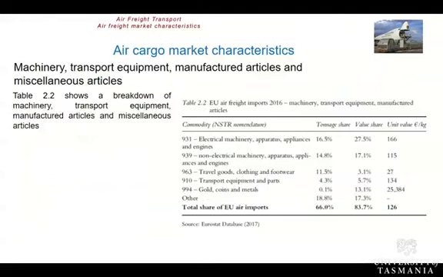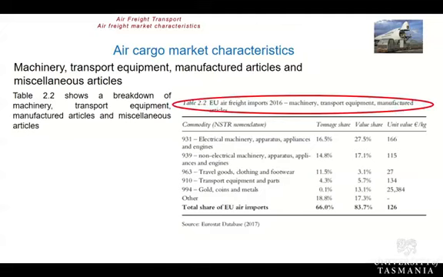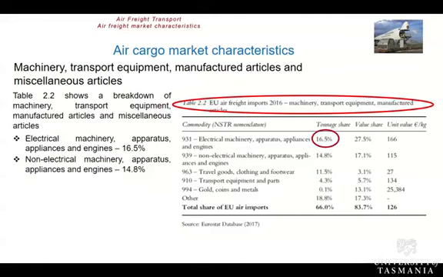So what I'm going to do now is break down relatively quickly each of those categories, just to give you a sense of what makes up those categories. That first category, which we saw was 66%, is machinery, transport equipment and manufactured articles. So we see electrical machinery at 16%, non-electrical machinery at 14%.